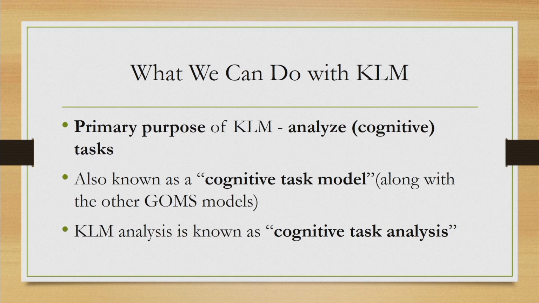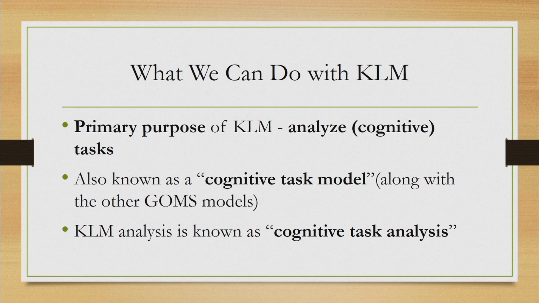So, when we want to analyze the quality of the design, the analysis is done in terms of the cognitive tasks that take place in the mind of the user, as we have already made clear. So, essentially what we are doing is analyzing the tasks from a cognitive point of view.